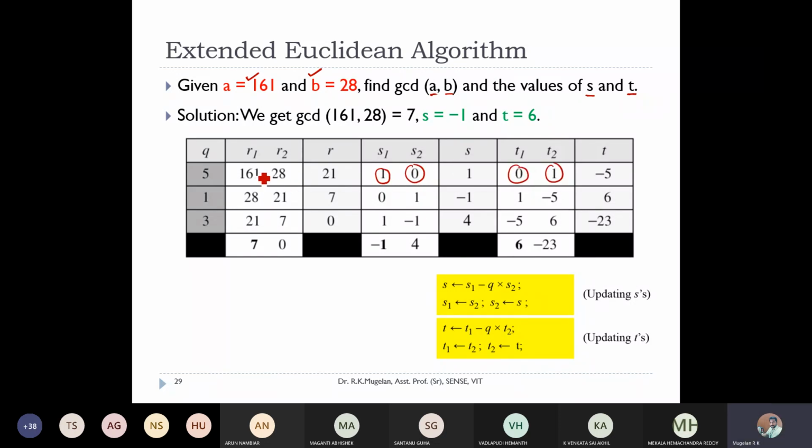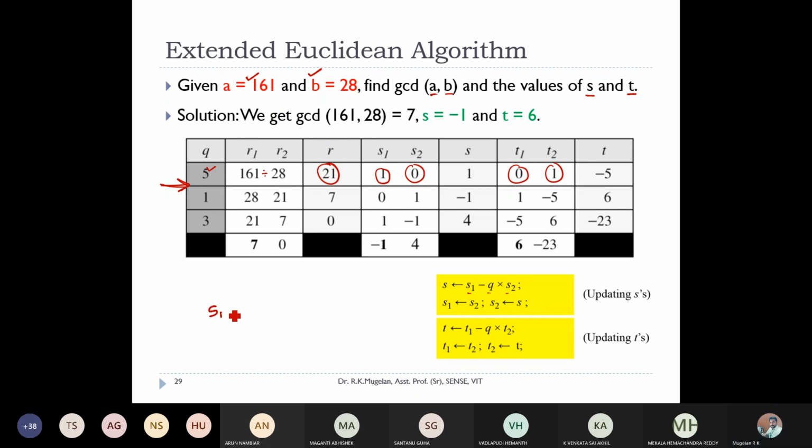Now I am dividing 161 by 28. 5 times it goes, which gives me a remainder of 21. And I am computing this S. S is nothing but S1 minus Q times S2 in this first step.